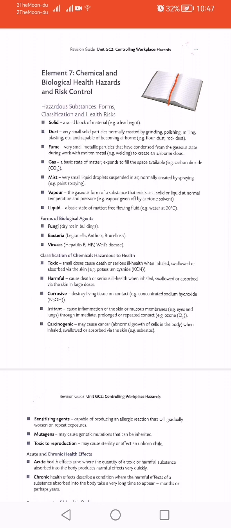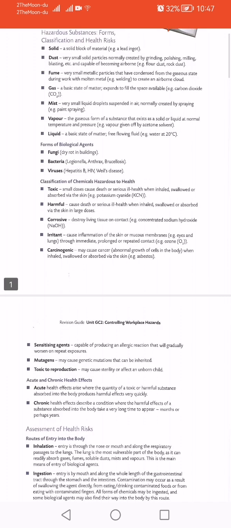Then you're talking about carcinogenic. It may cause cancer, for example abnormal growth of cells in the body, when inhaled, swallowed, or absorbed via the skin. For example, asbestos is a carcinogen. It can cause cancer.